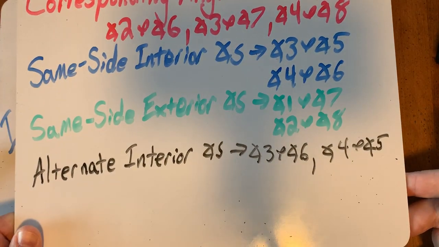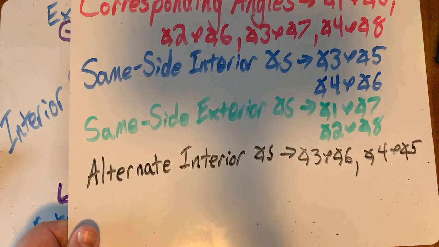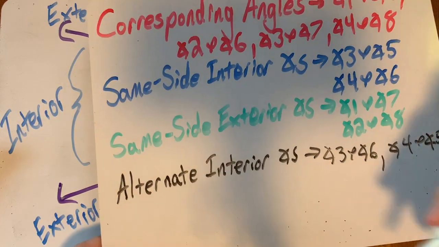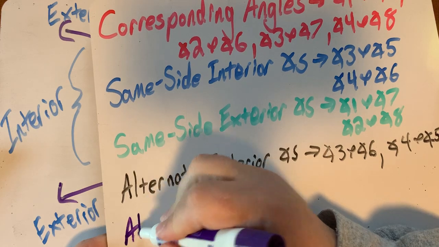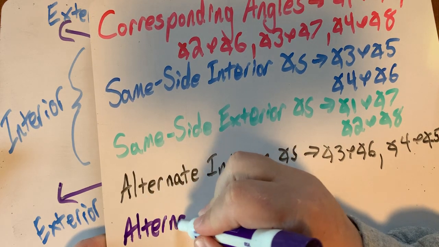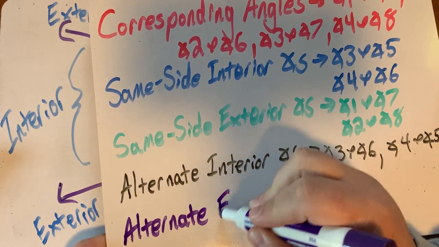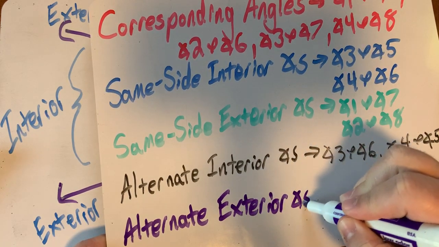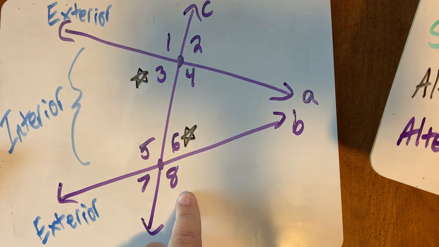All right. And similarly, if we have same side interior angles, we also had same side exterior angles. If we have alternate interior angles, we also have alternate exterior angles. So these would be the ones on the opposite sides of the transversal, but exterior.